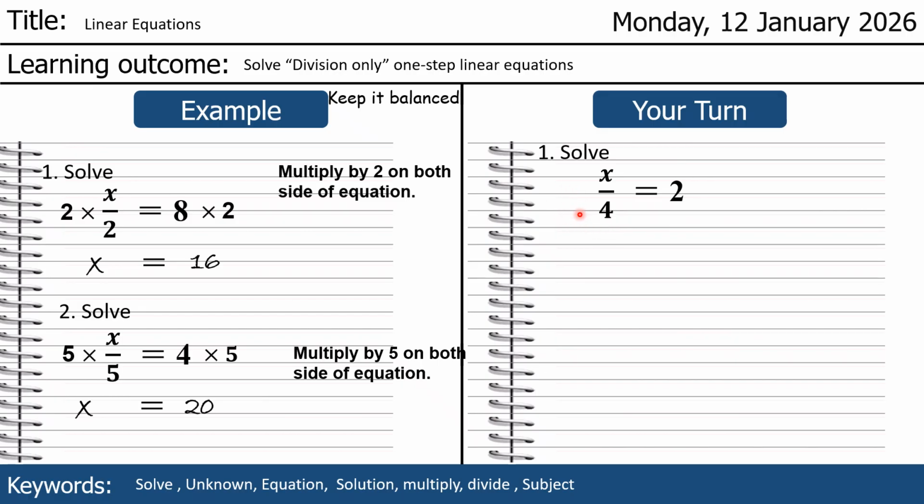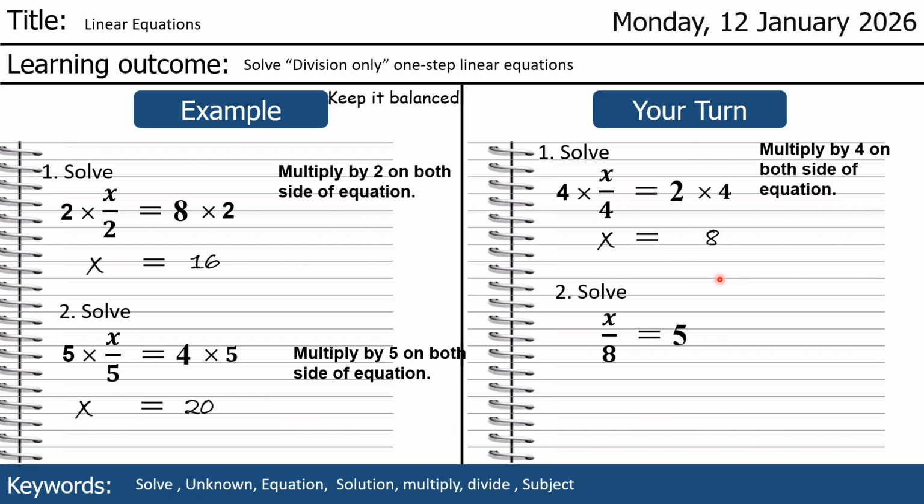So we have to multiply the left hand side of the equation by 4, and we have to multiply the right hand side of the equation by 4. Therefore x will be equal to 2 times 4, which is equal to 8.